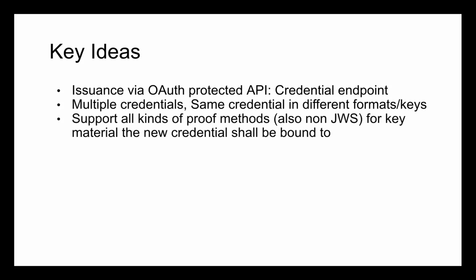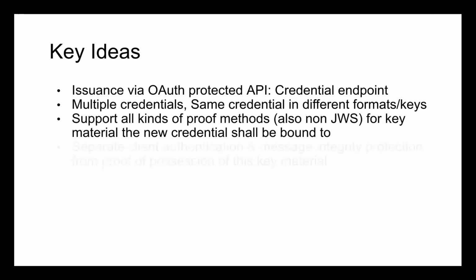And it's important to support different proof methods for the key material that a credential is being bound to. So not all schemes that are used today use JWS-based signatures. There are proof formats and proof mechanisms that work completely differently, for example, for AnonCreds. And we would like to be open and flexible enough to support other mechanisms, other schemes, and other proof types.